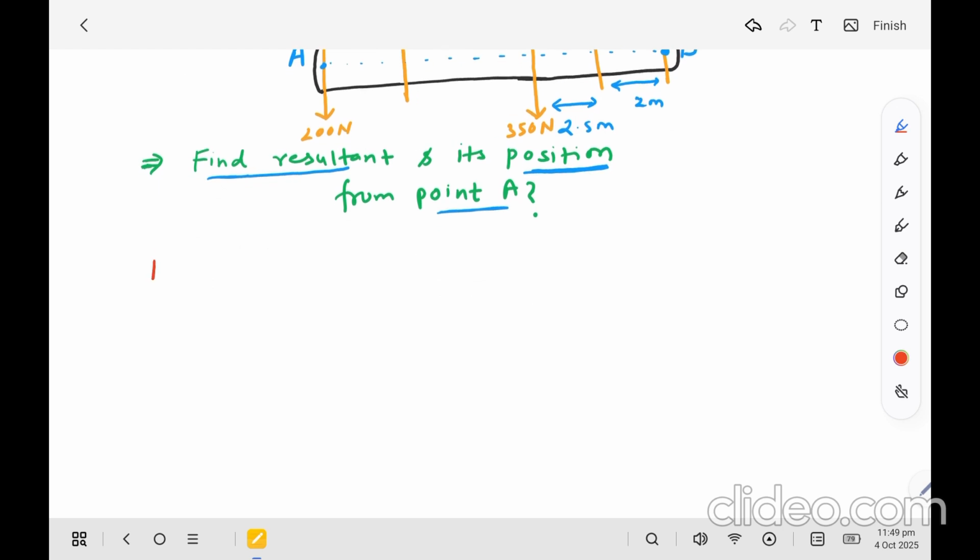So first, find the resultant of the parallel force system.